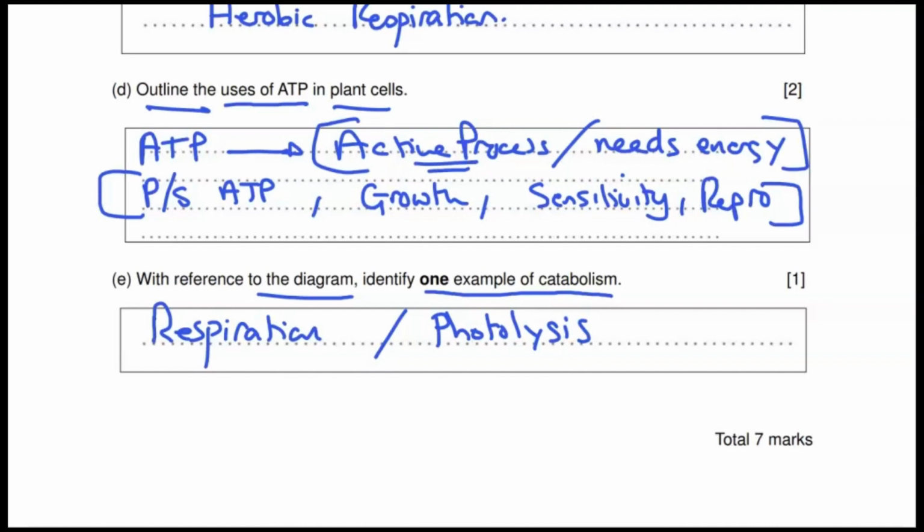If you stated photosynthesis, it would be necessary for you to then specify the photolytic event, the breakdown of the water to provide a source of protons and electrons, and the byproduct of oxygen. This is the end of the question. 7 marks for this one.